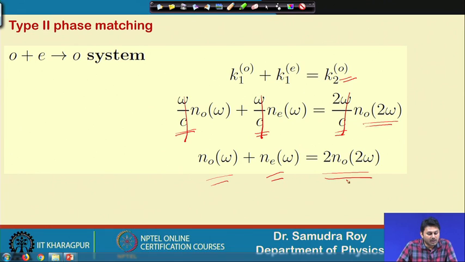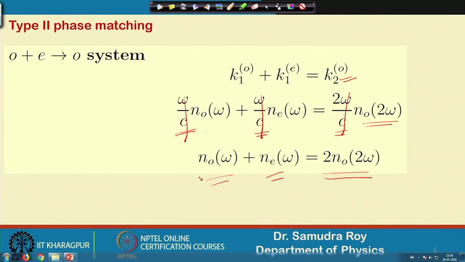So, these two are type 2 kind of phase matching, but this type 2 kind of phase matching is not easy to achieve. We need to maintain many conditions for which we can have these things, but we can always generate the angle theta for which this can be possible.